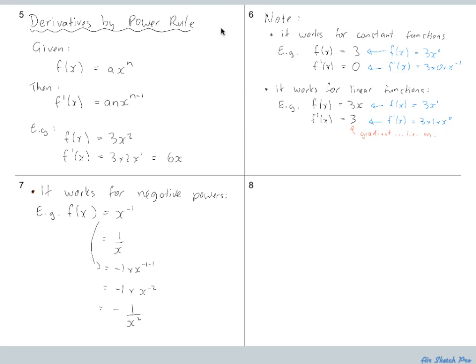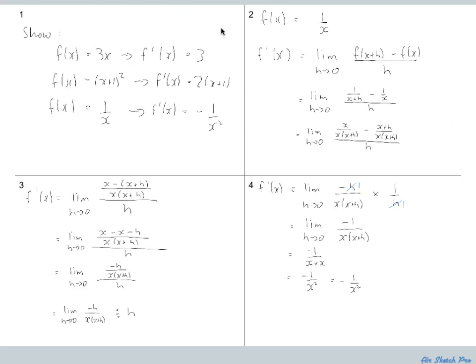Okay, how do I know that works? Well, I'll flick back to this screen in a second. Didn't we just spend the last 10 or 15 minutes doing it here? We started off with f(x) equals 1 on x, which is actually x to the power of negative 1. And we can see by using first principles, I get negative 1 on x squared. This is what we got from first principles.